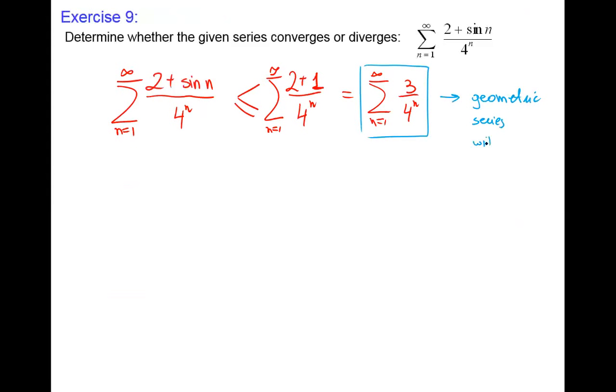Geometric series with, and who can tell me the common ratio? The common ratio r is just the number taken to the power of n. Oh, 1/4. I know that you know, you just don't want to type. 1/4. That means 1/4 is less than 1. This geometric series is convergent.